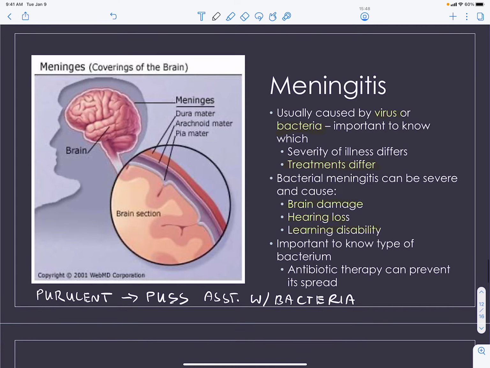Chronic meningitis is going to be caused primarily by Mycobacterium tuberculosis, fungus, or protozoans. And of course, it's important to understand which one it is because treatments can be different.